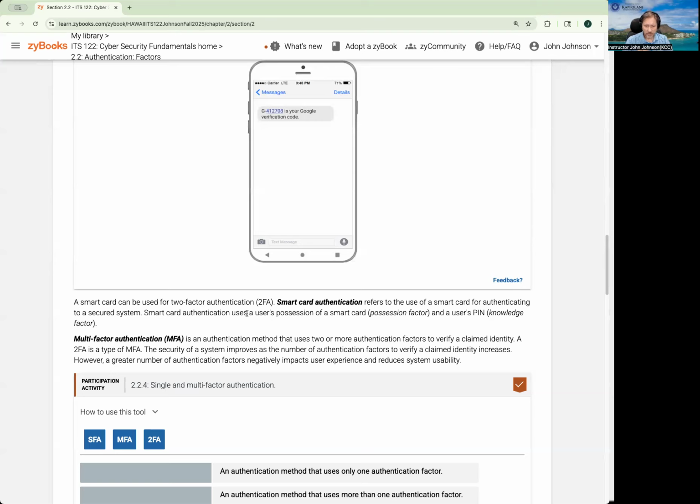The security of a system improves as the number of authentication factors to verify a claimed identity increases. But always remember, and this is true in a lot of different areas, the greater the number of authentication factors, the more it negatively impacts the user experience and reduces the system's usability, because who wants to go through so many levels of security? Most often, even when we talk about multi-factor authentication, we're really talking about two-factor authentication.